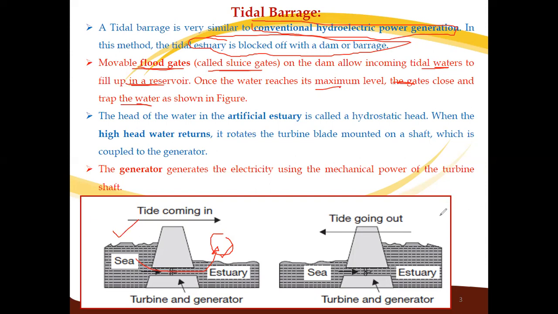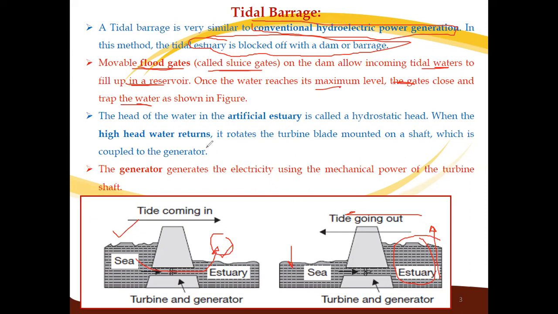After the tide goes out, the water level of the estuary is higher and the sea level keeps decreasing. Once the estuary is filled with tides, the gate is closed, and we open it when we have to generate electricity.